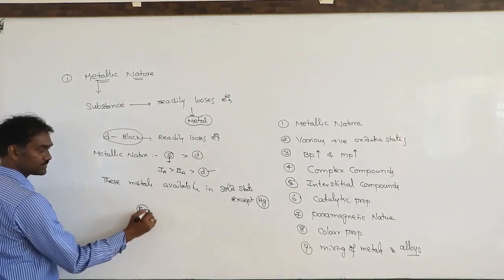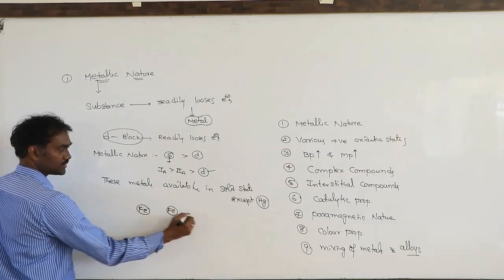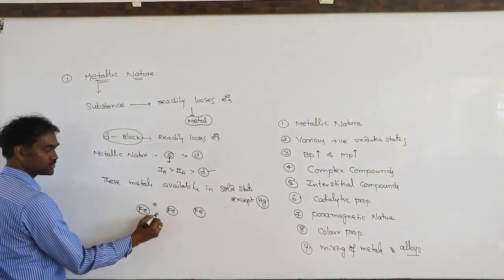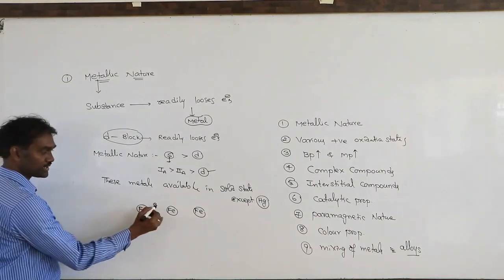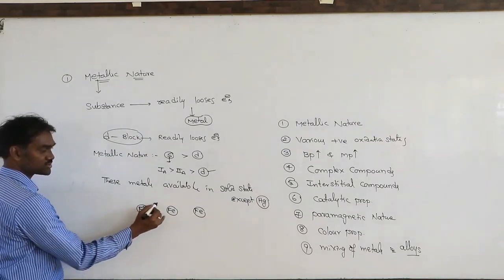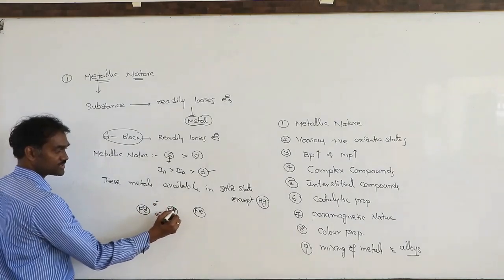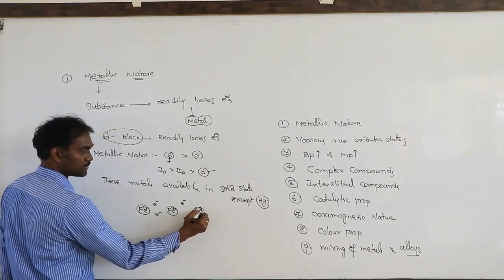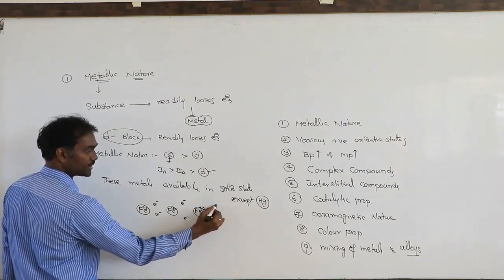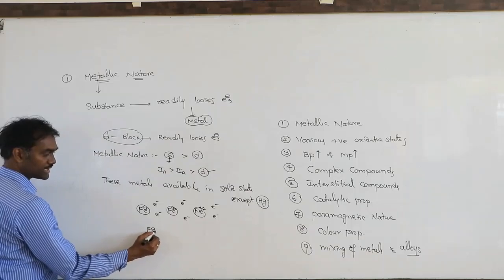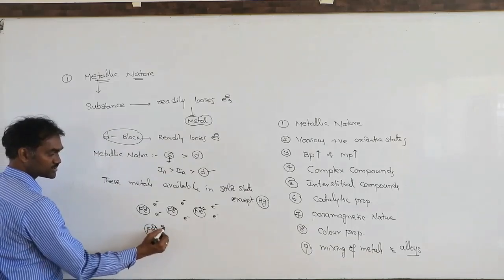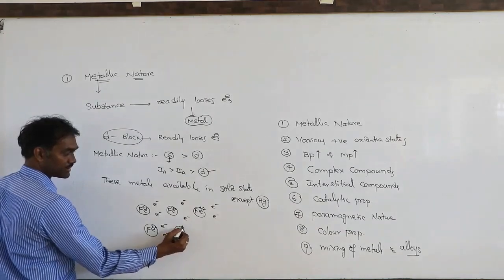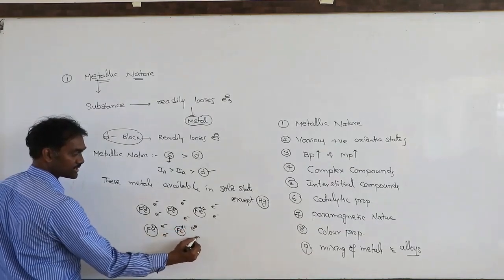What is iron doing? This iron loses 2 electrons. The 2 electrons come outside, so this is plus 2. Next, this is also plus 2, with 2 electrons coming outside. Next, another iron is also plus 2, with 2 electrons coming outside.